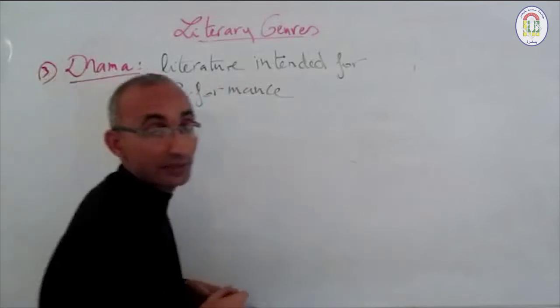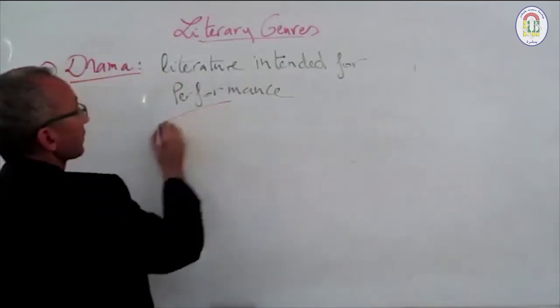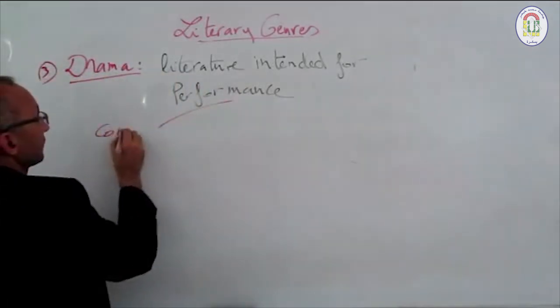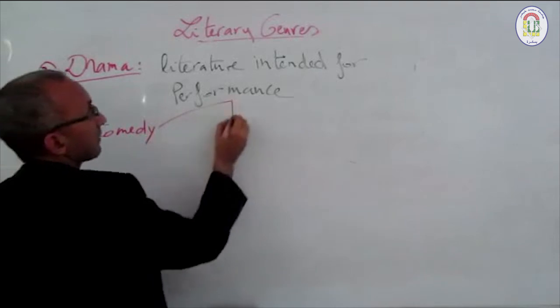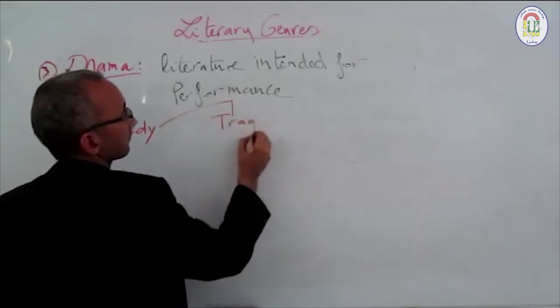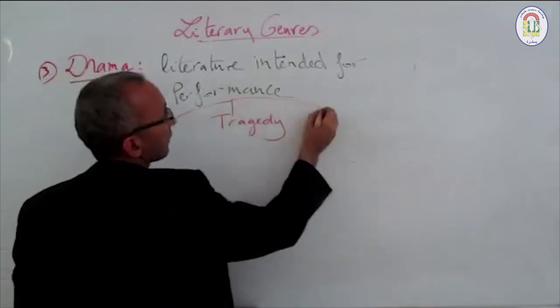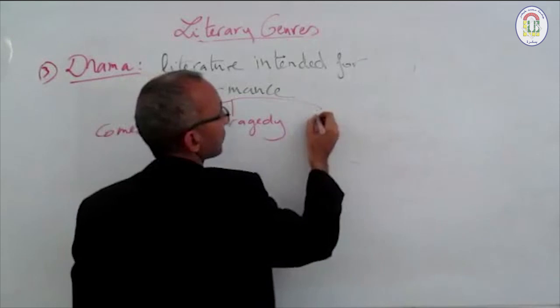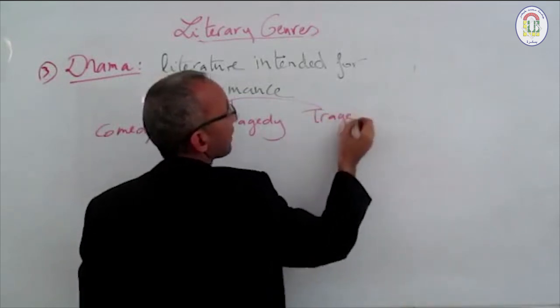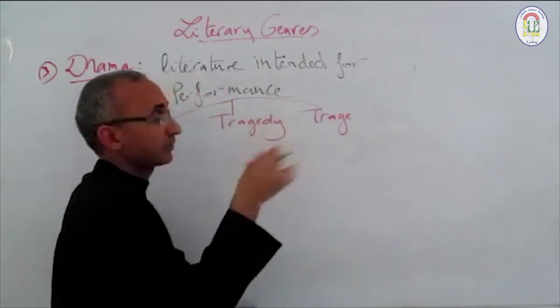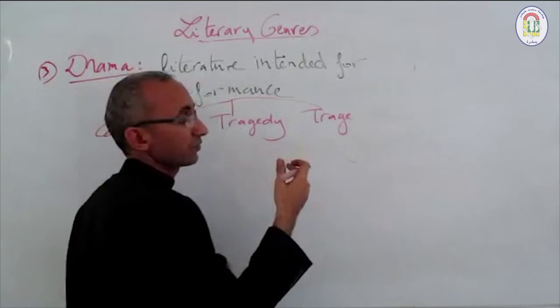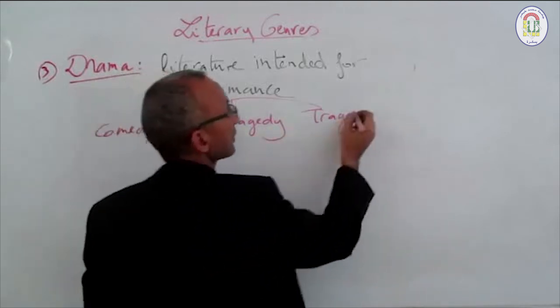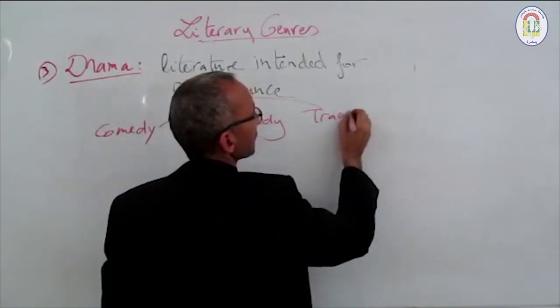Among its categories and types, we have comedy, tragedy, and also tragicomedy. There are also many other categories in drama, like farce, masks and so on.